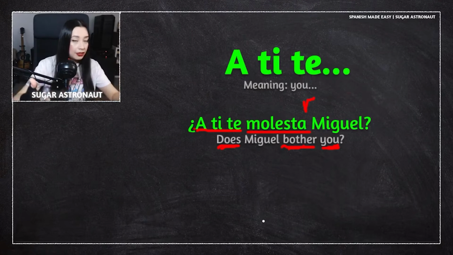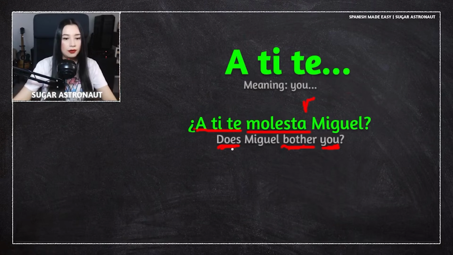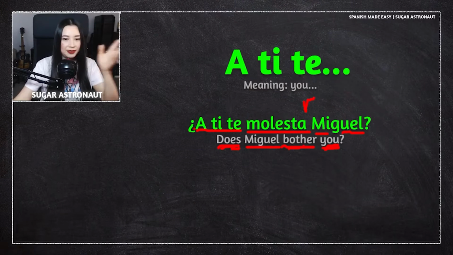Does Miguel bother you? And so on. So in Spanish, we don't have that. So essentially, you're saying, you, a ti te molesta, bother, and then Miguel. Miguel is just Miguel. Miguel is just the name, just the first name.